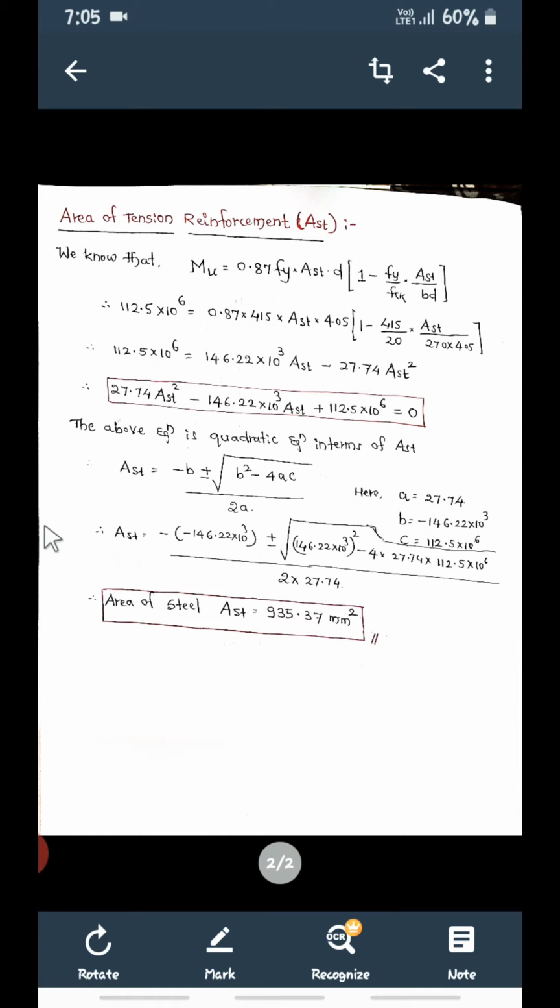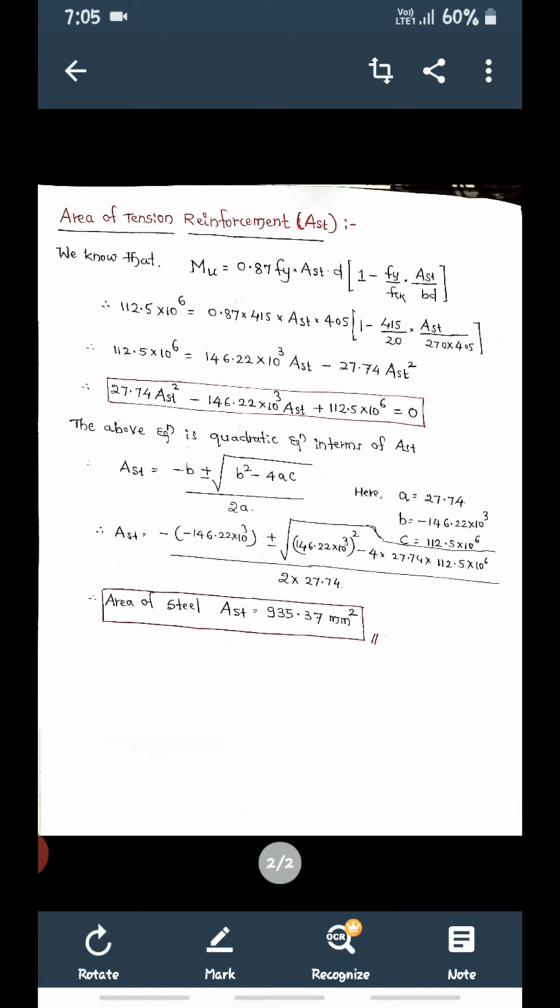I think 5 or 6 problems we have solved on type 1 problems, and 3 problems we have solved on type 2 problems. So till now, whatever the problems we have solved and the theory questions, all these are important. So please solve once again all the problems and all the derivations.